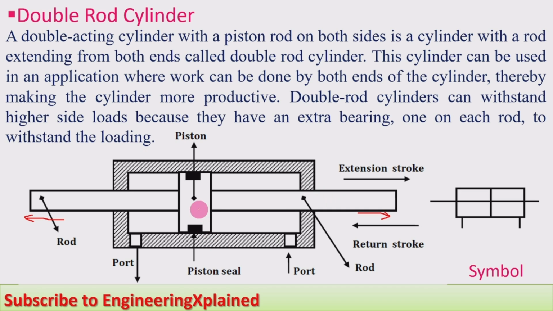It consists of a piston, two rods extending out both sides, piston seals, and ports for supplying the fluid on both sides for extension and retraction. It is symbolically represented like this: the inlet ports, piston, and rods extending on both sides.